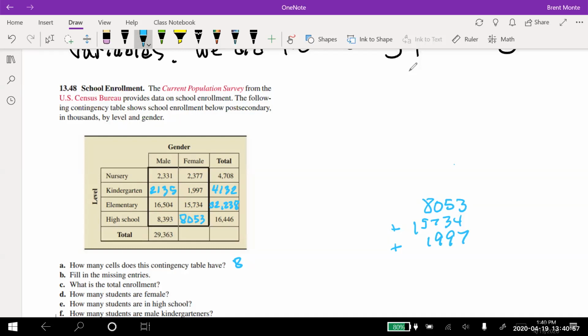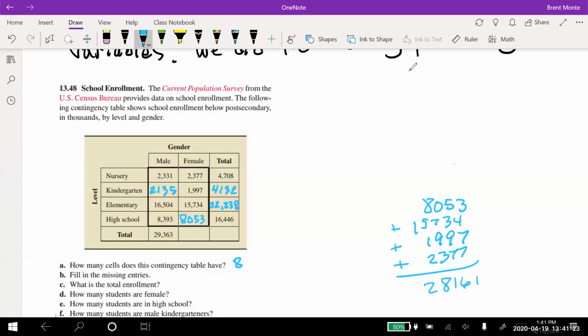And 2,377. So I just add all those up in my calculator. I've already got the 8,053, so I just say plus 15,734 plus 1997 plus 2377. And I get 28,161.